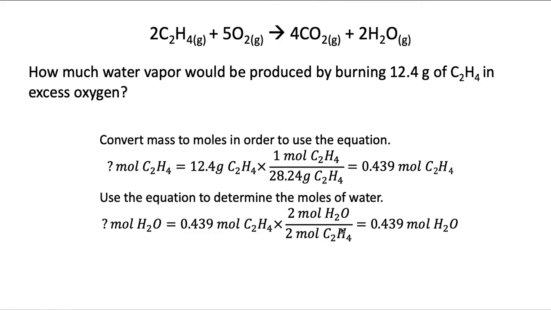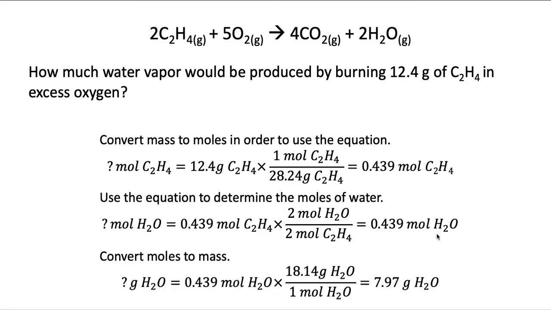Moles of C2H4 will cancel out, leaving me obviously with 0.439 moles of water, because this 2-to-2 ratio is the same as a 1-to-1 ratio. Now that I have the moles of water, I can convert this to an amount in grams by using the molar mass of water.